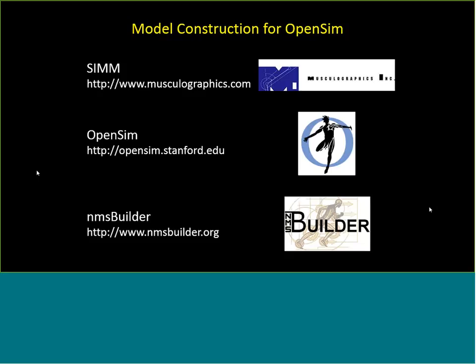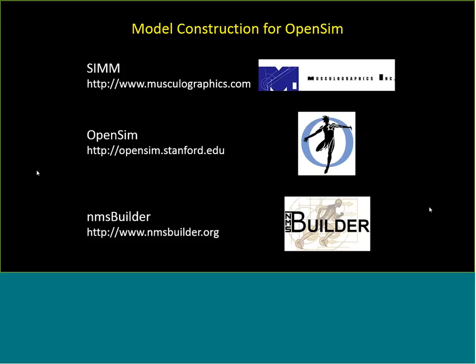After completing your model, you can export it in OpenSim format and load it directly into the OpenSim software to use it. So I think as time continues to go forward, there will be very robust open source alternatives for building musculoskeletal models from scratch, as we've done with the Chimp model.